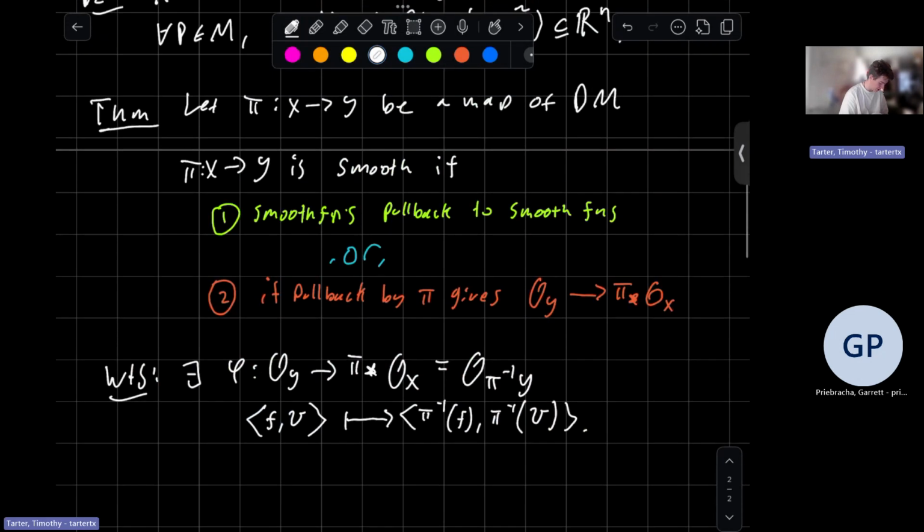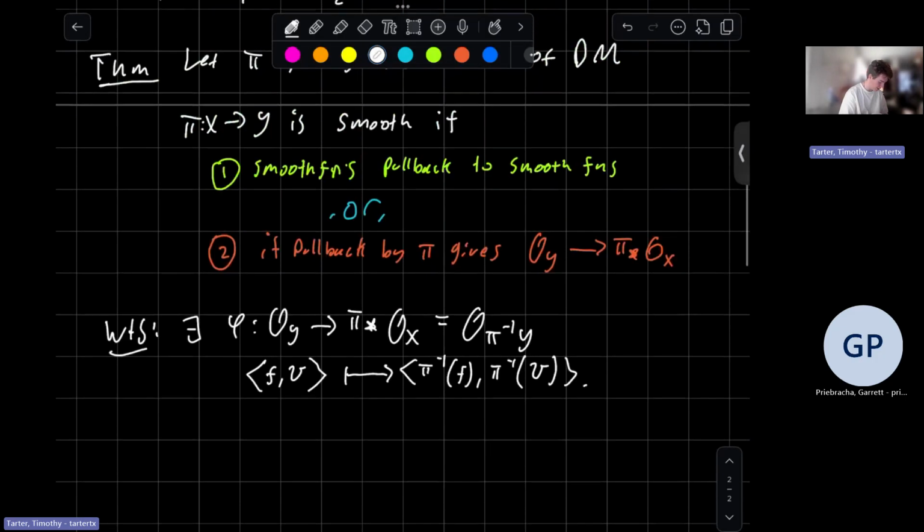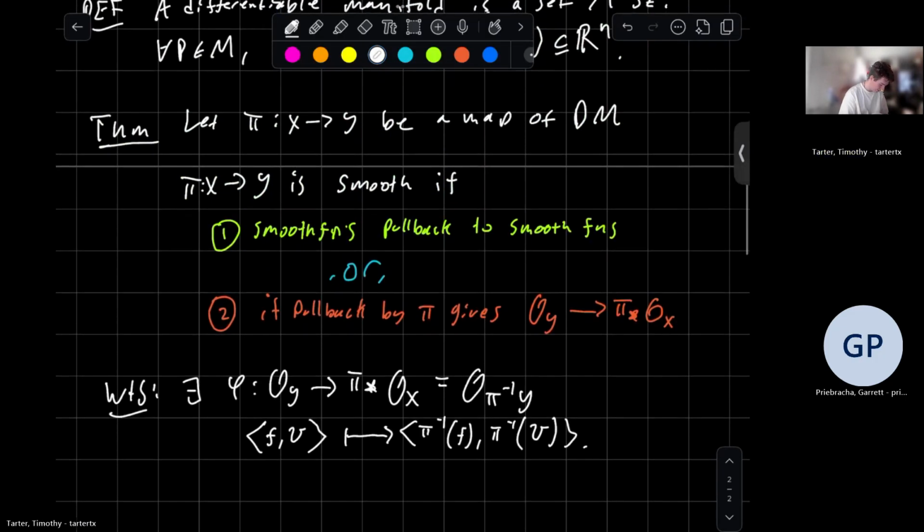I mean, is that not just it? This is well defined. Yeah, I think it is.